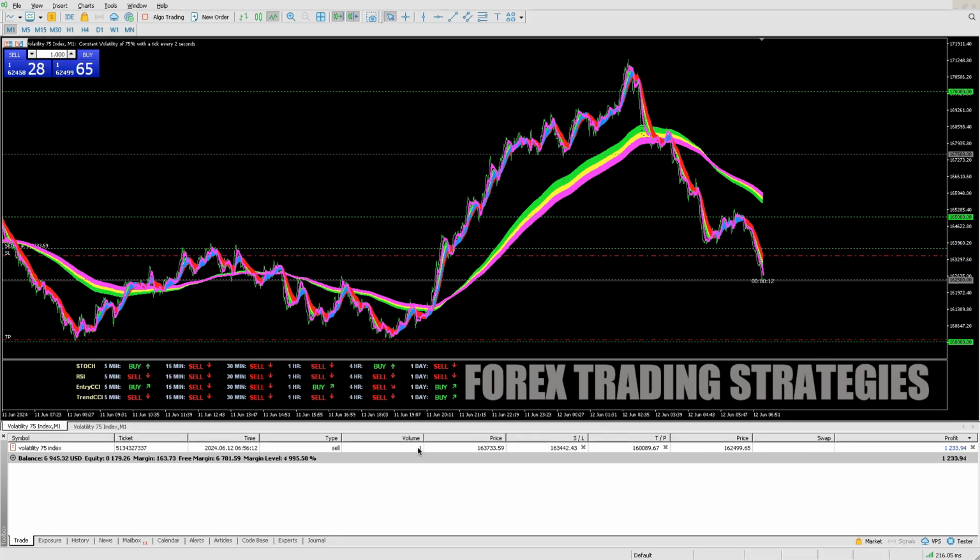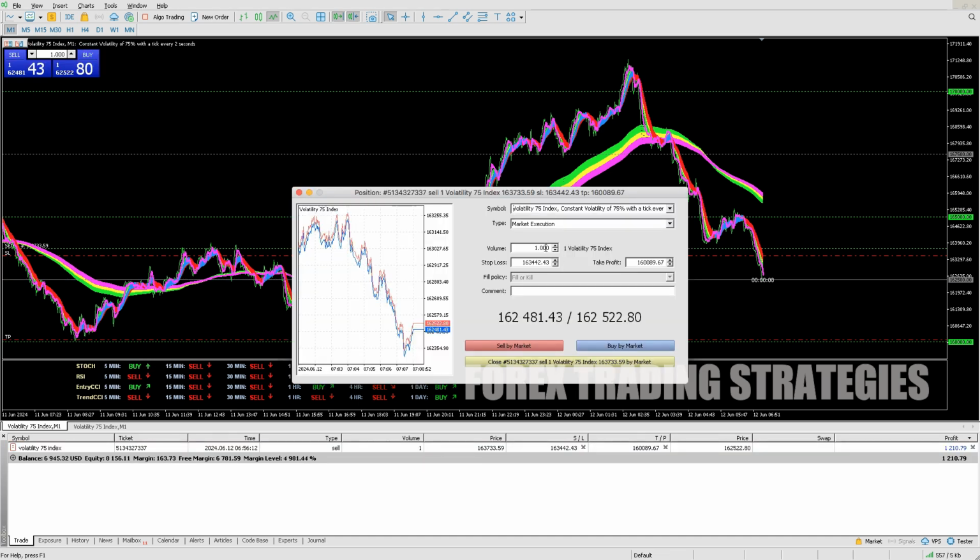and what I'll also do here is I'm going to close a portion of that, because I do swing trading with these volatility indices.